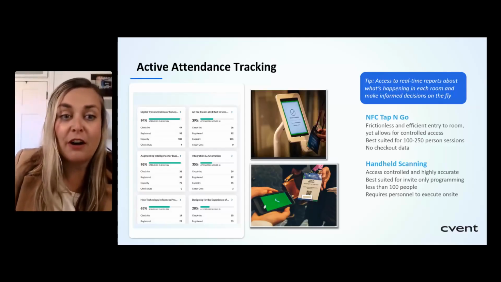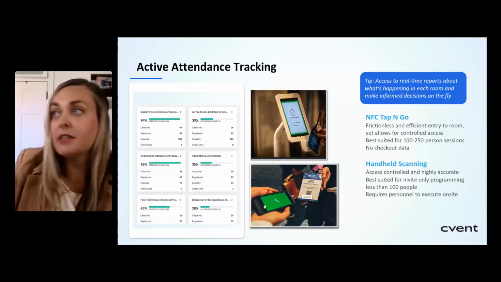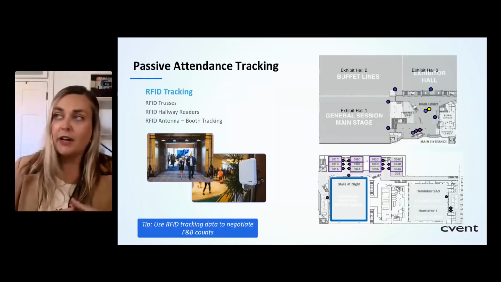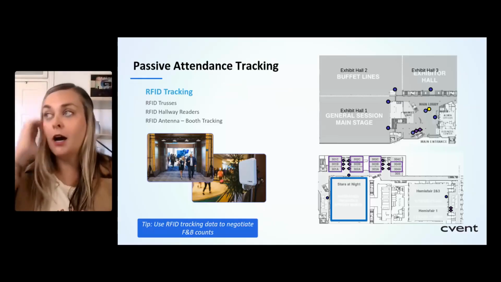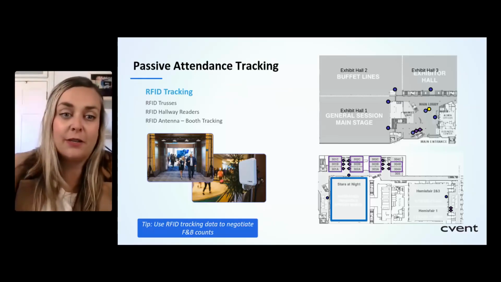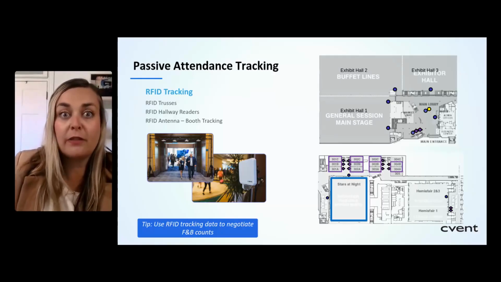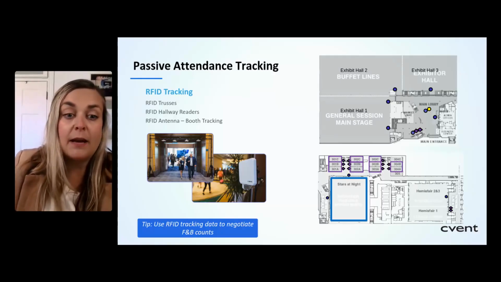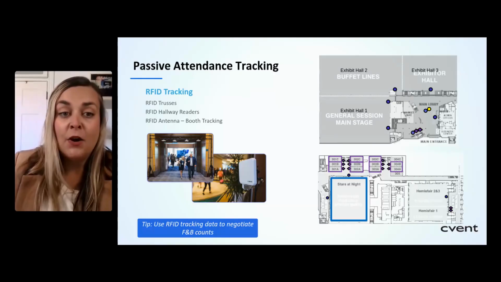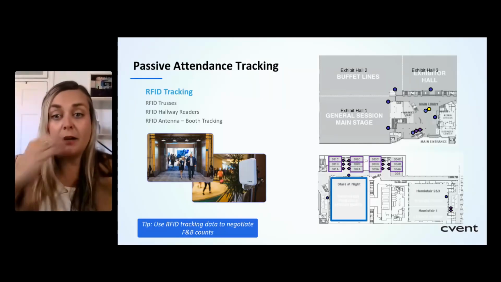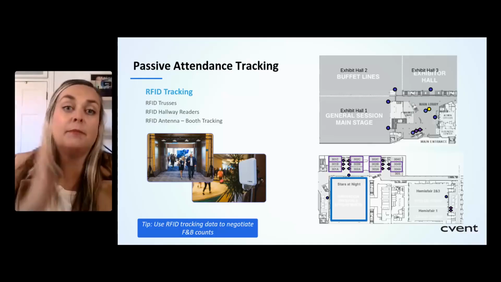Cool. So moving on to RFID, this one's one of my personal favorites. In our badge we have a tracking chip, and you can see from this floor plan here, we track RFID to help us with attendee patterns. A lot of this comes post-event, looking at attendee behavior.